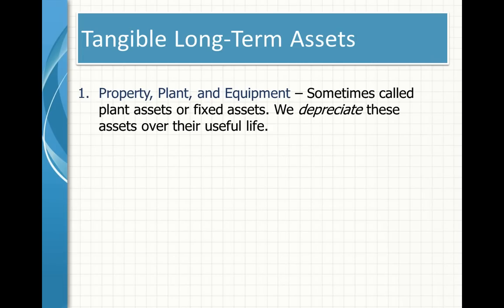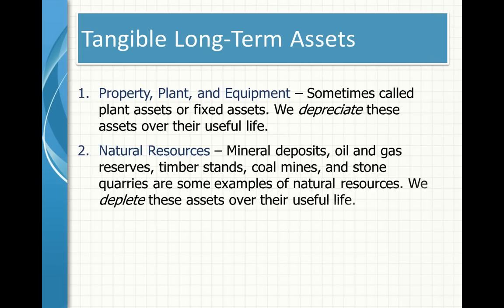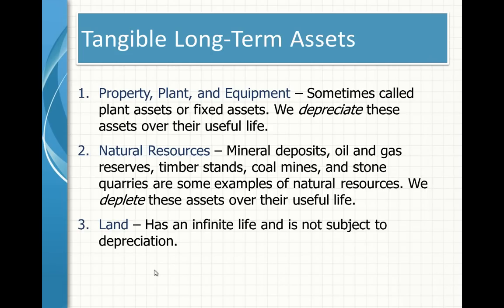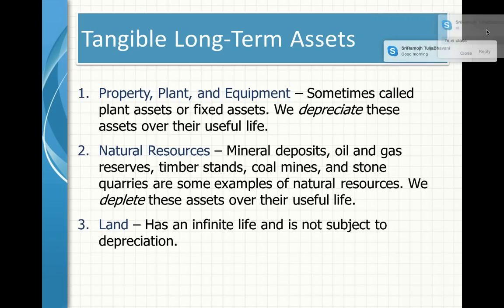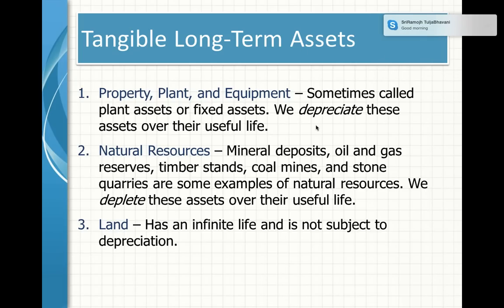So property, plant and equipment are the tangible assets. Natural resources like mines, etc., and of course land. In the case of tangible assets, property, plant and equipment, we call it depreciation. For natural resources, we call it depletion.